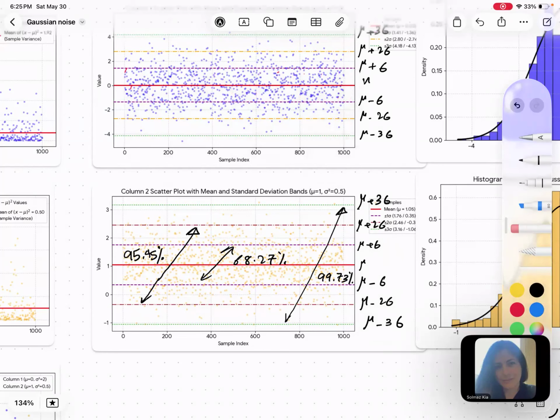So 68.27% are here. 95.45% are here. And in the 3 sigma bound, we have 99.73% of our measurements. So for a practitioner, it's important to have this sense.